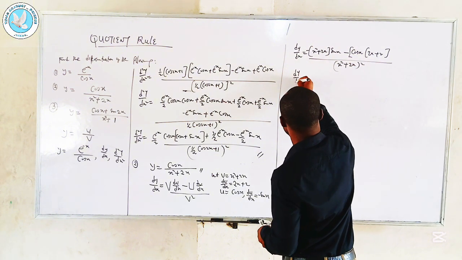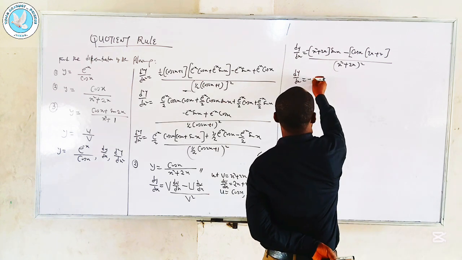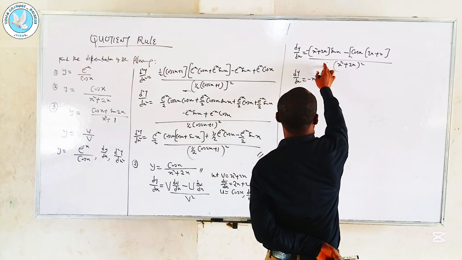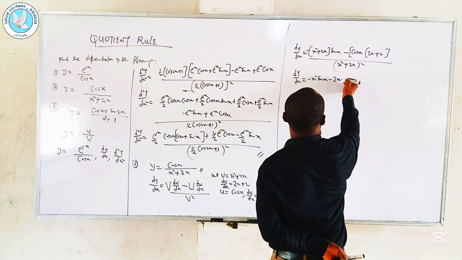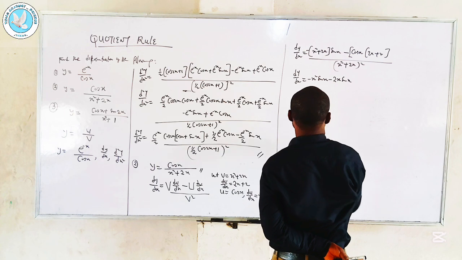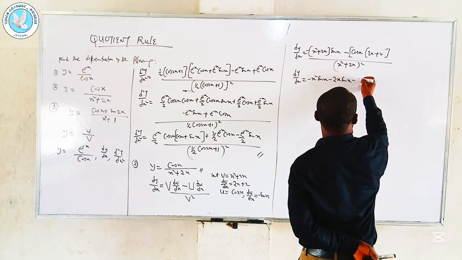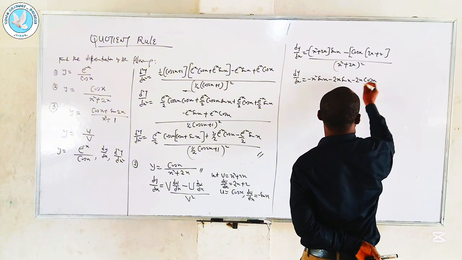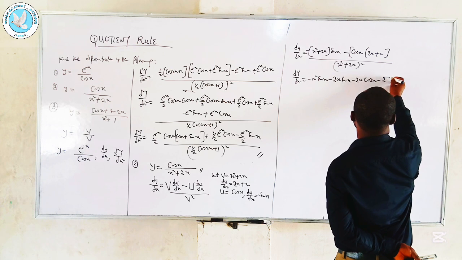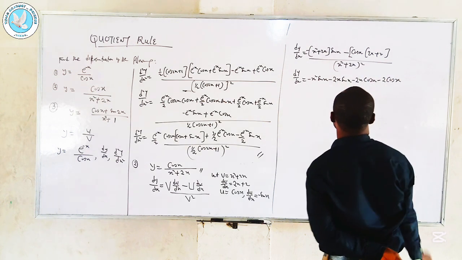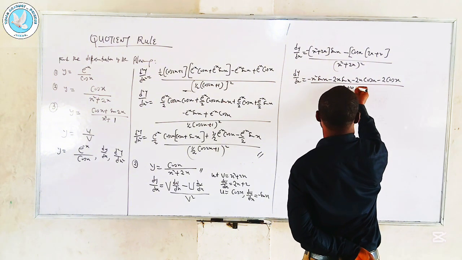So dy/dx is actually equal to minus sine x minus 2x sine x, that is multiplying this. And in the same vein, 2 cos this, and also multiply with minus 2 cos x. All this divided by this.